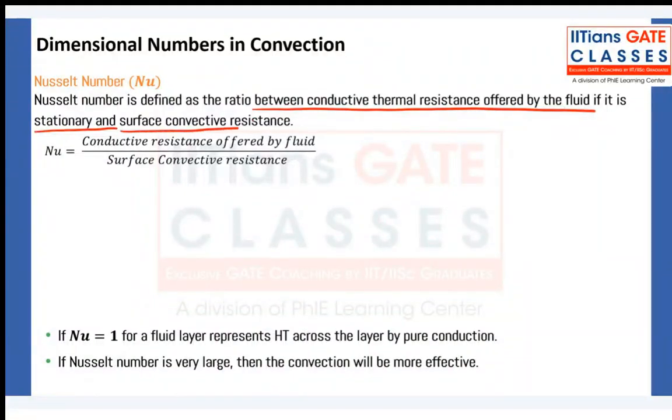You can also write it in the form of convective heat transfer upon conductive heat transfer, because here we are talking about resistances and heat transfer is inversely proportional to resistance. Now tell me, what is conductive resistance?